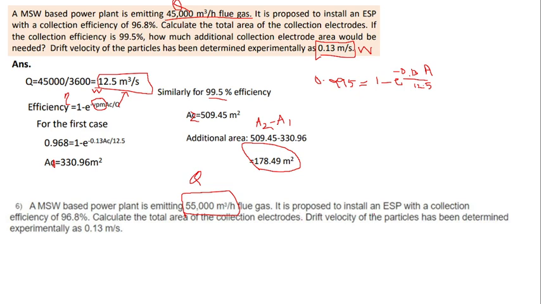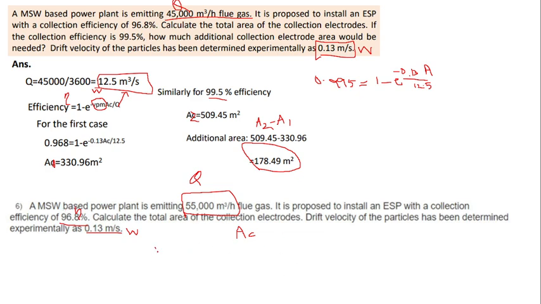It is proposed to install an ESP with collection efficiency of 96.8 percent. Calculate the total area of the collection electrode. So AC is asked, eta is given as 96.8. Drift velocity of the particle has been determined experimentally as 0.13 meter per second.